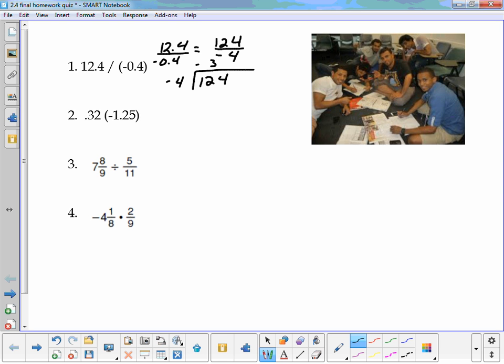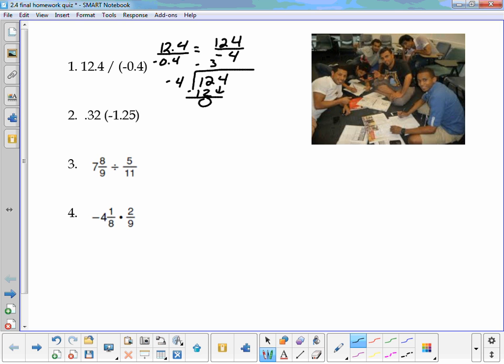That's technically what we're doing, but just because of the way this works, we don't have to think of it that way. How many 4s go into 12? We put the 3 above the 2. Okay? 3 times 4 is 12. We subtract. There's nothing left over.